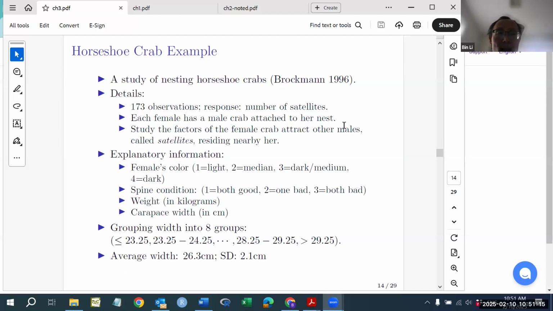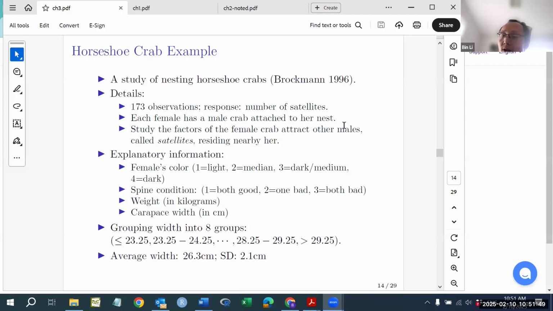This is a horseshoe crab example. In this study, we have 173 samples. The response is the number of satellites. What are satellites? Satellites are the male crabs around a female crab.